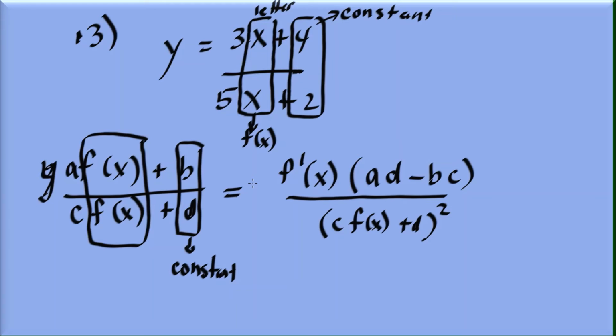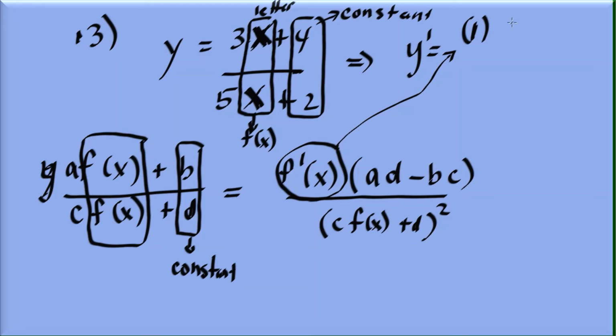All right, let's see how this works. It says get the derivative of f of x. Our f of x here is the variable x, so our y prime is simply the derivative of x, which is 1. That's your f prime.